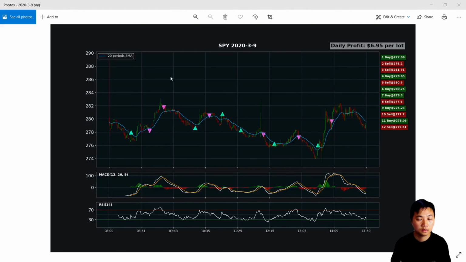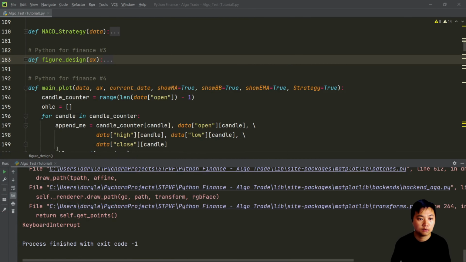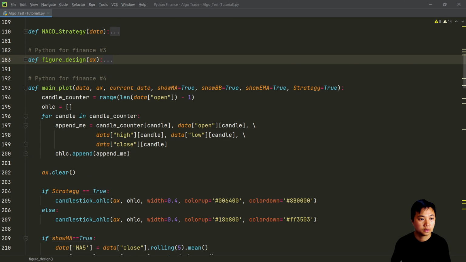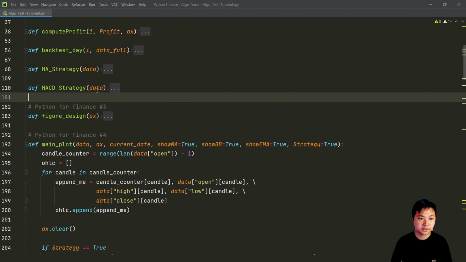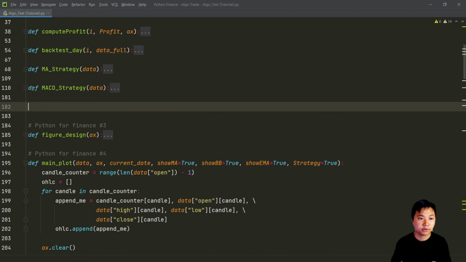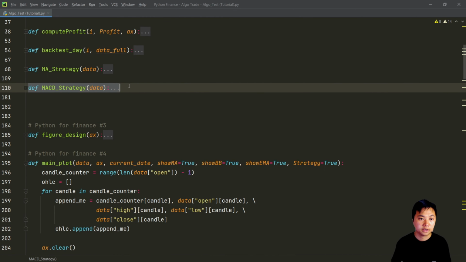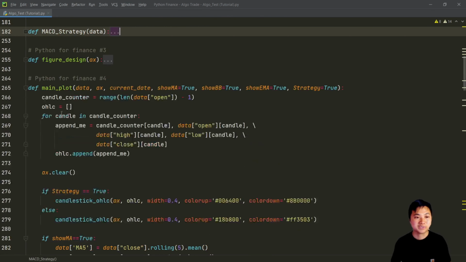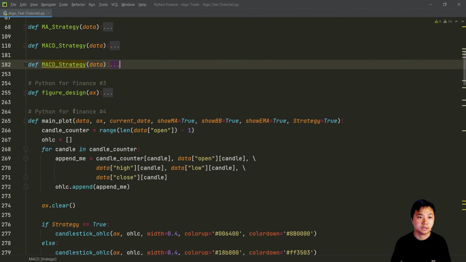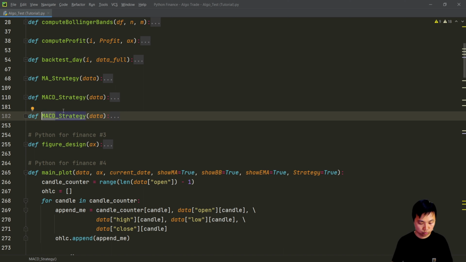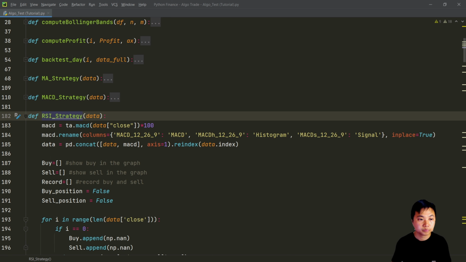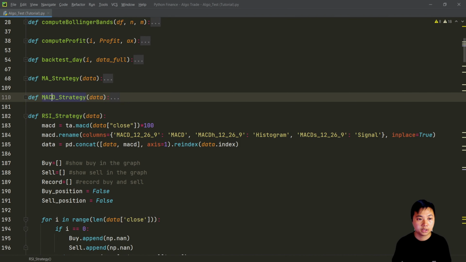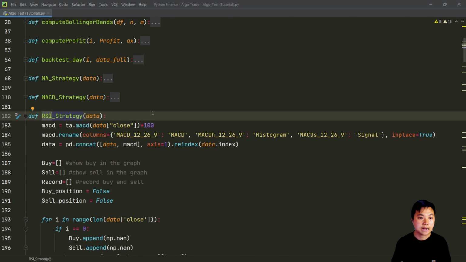Excellent. Now let's build the RSI strategies. The logic for the RSI strategy is very similar to the MACD strategies that we presented in the last lessons. So I will not repeat that, but I will just copy these strategies. So I copy the MACD strategies, and then we name this as RSI strategies.